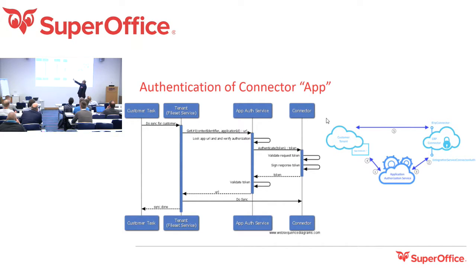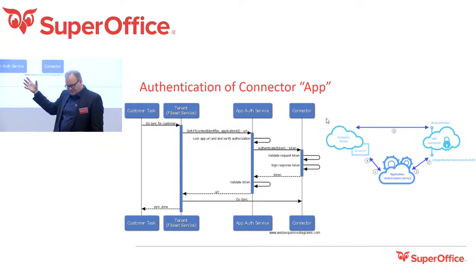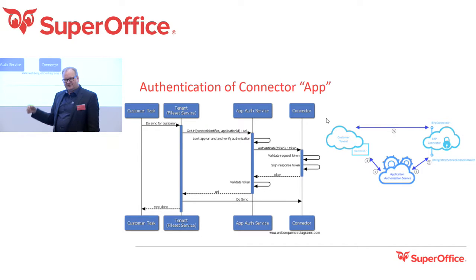So when somebody wants to do a sync for a customer, the first thing the tenant does, and a tenant in this context is usually the background processing and the scheduler. You can, of course, click test inside the web admin client, and then that's a tenant, but it's basically a .NET server.